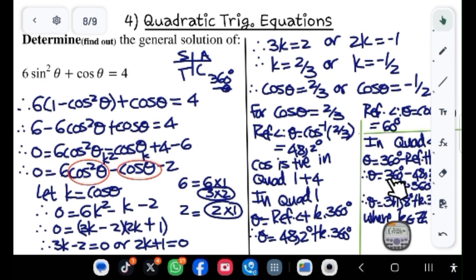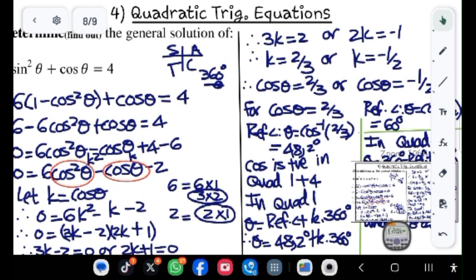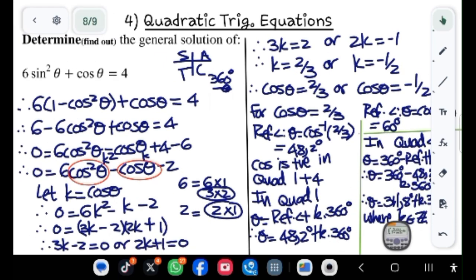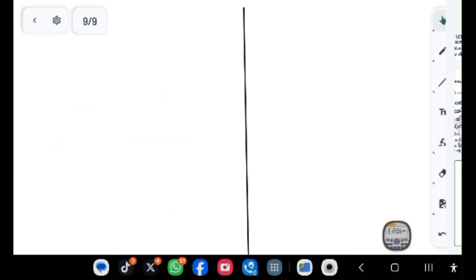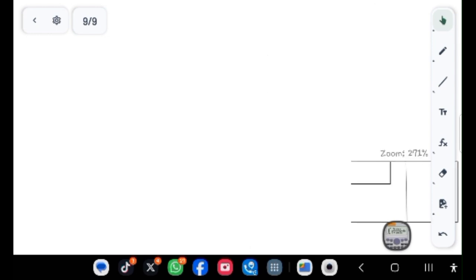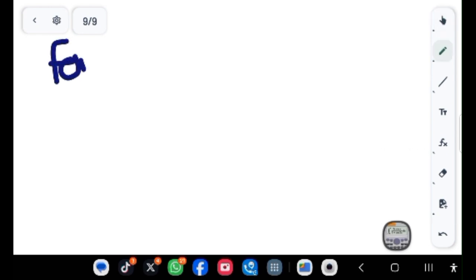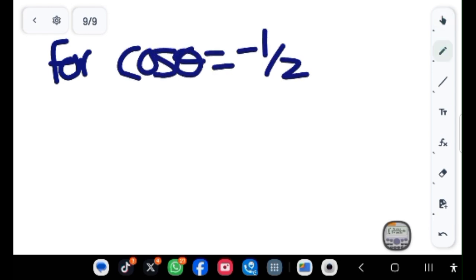Next, let's find cos of theta equals negative a half.